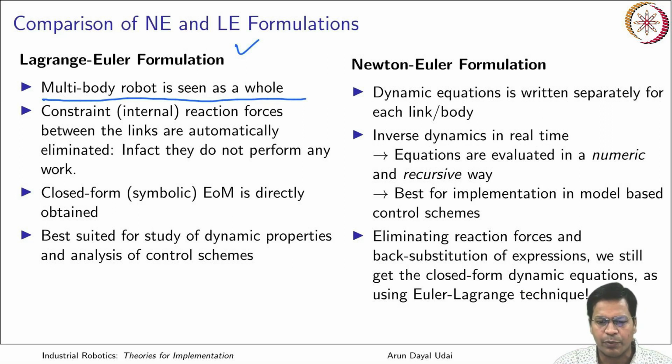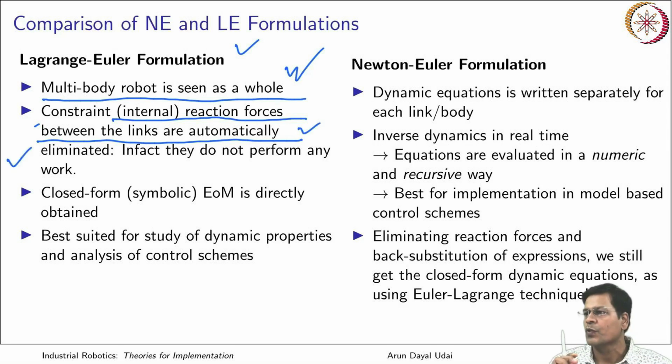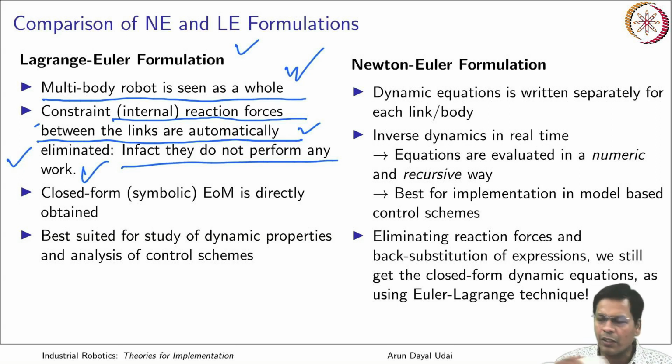It is an energy based approach, as you have also seen. And constrained internal reaction forces between the links are automatically eliminated. In fact, they do not perform any work, so they are not important, and they are not calculated on the way when we calculate the joint torques.